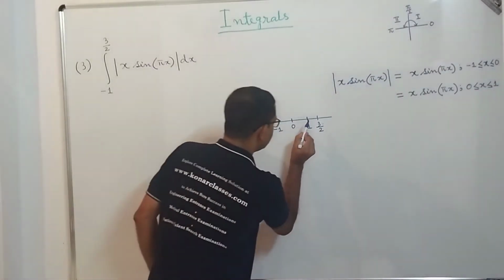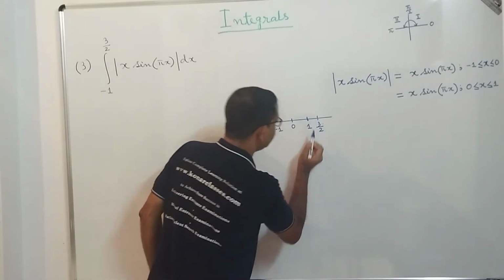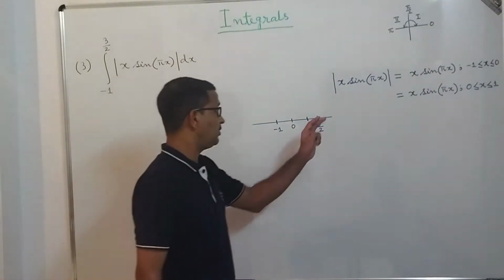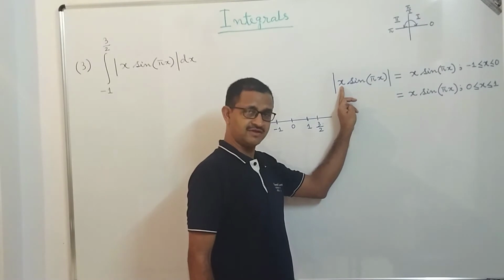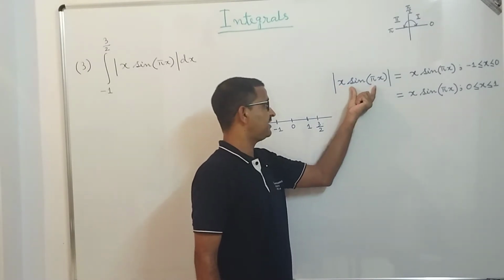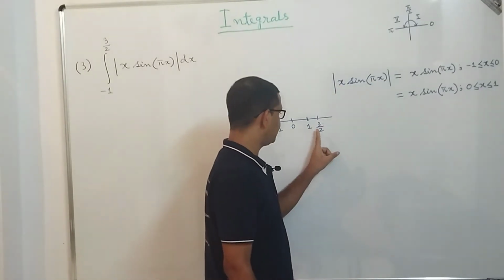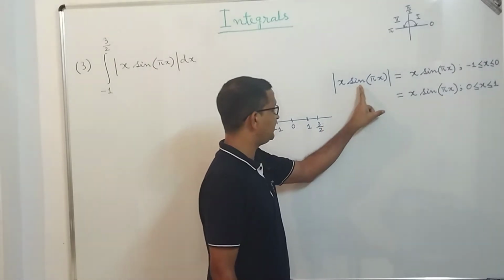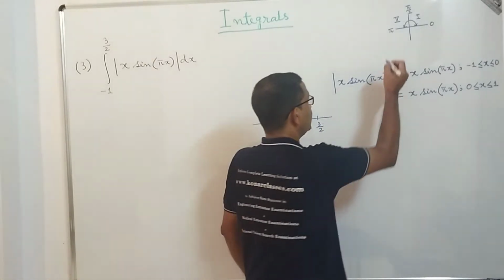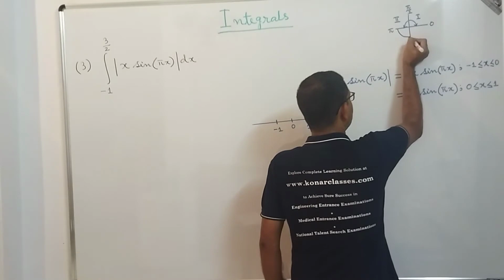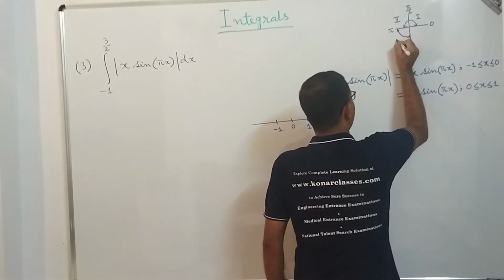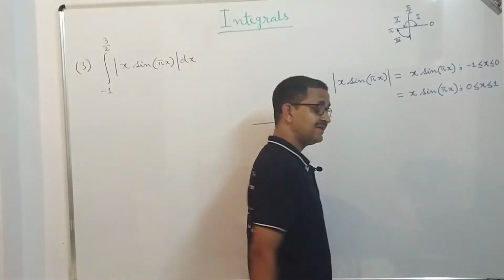Now let's look into when x is from 1 to 3/2. Between 1 to 3/2, x is positive. But what is sin πx? When x is 1 to 3/2, that means sine from π to 3π/2. From π to 3π/2, that is in the third quadrant, where sine is negative.